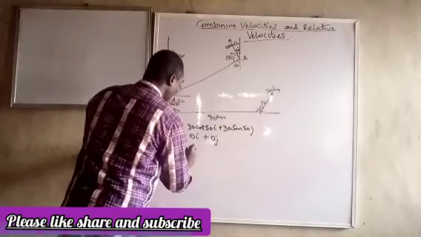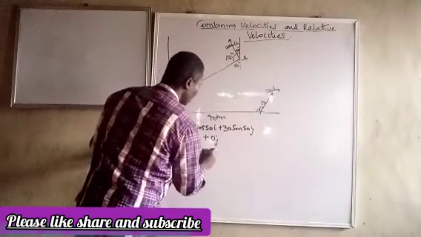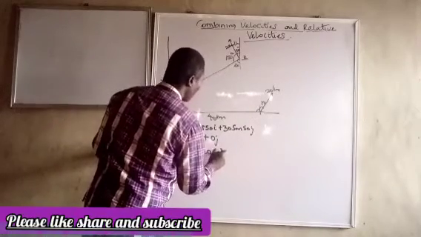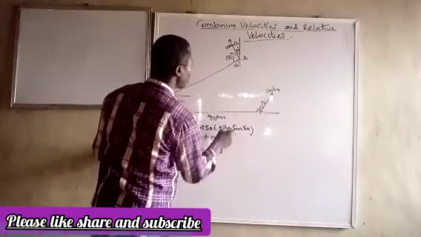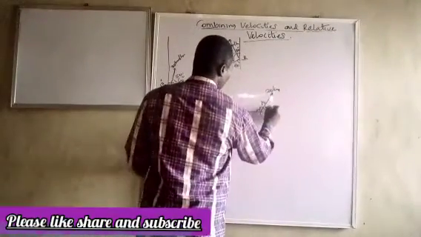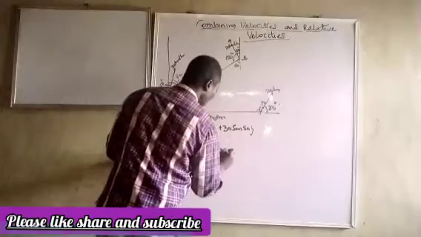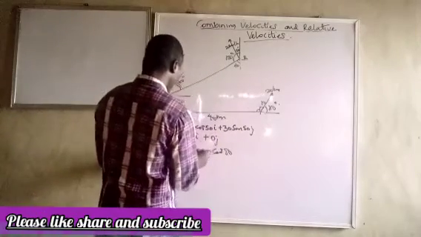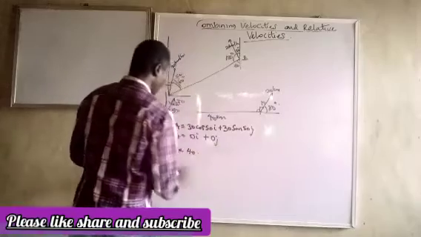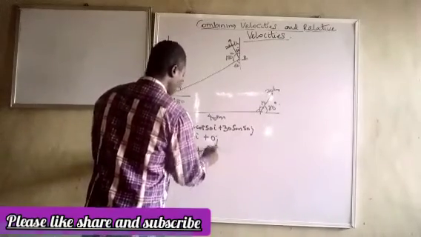It is 40 plus 20 cos. So this place will be 80 degrees. So cos 80. Sorry, initial position of B is 40I 0J.